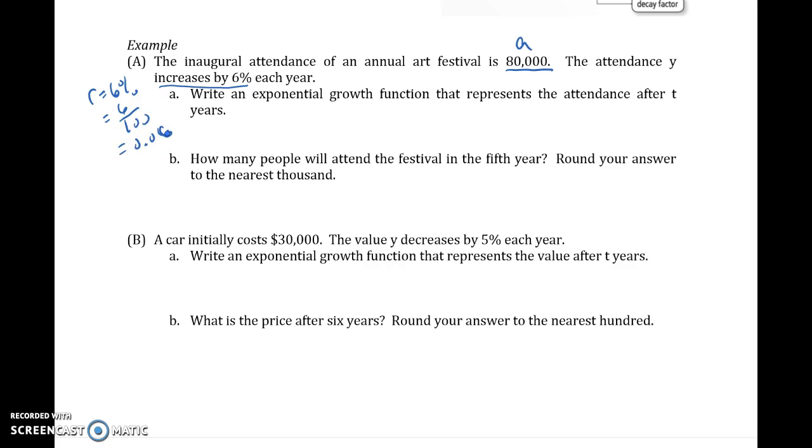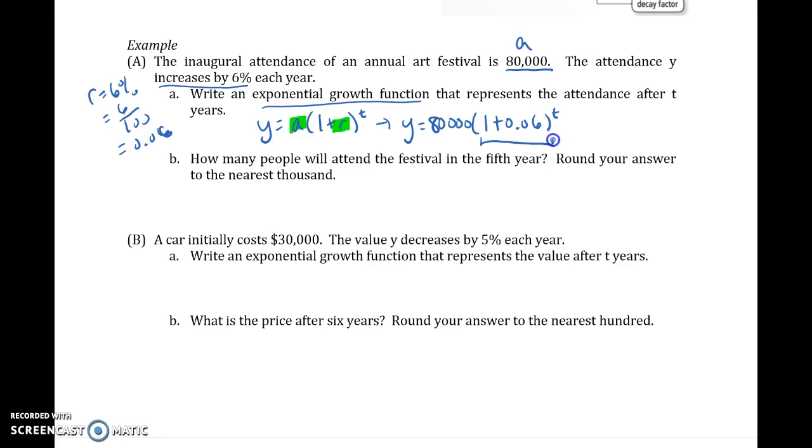All right. And then we're going to substitute it into our exponential growth function, which remember is y equals a, then parentheses 1 plus r to the t power. What needs to get swapped out for numbers are a and r. So let's rewrite that. This turns into y equals 80,000 times 1 plus 0.06 to the t power.